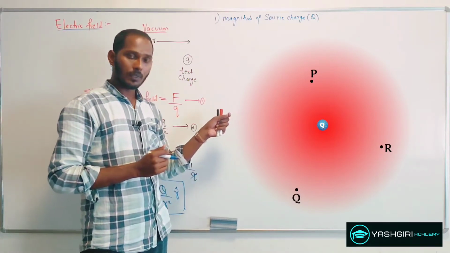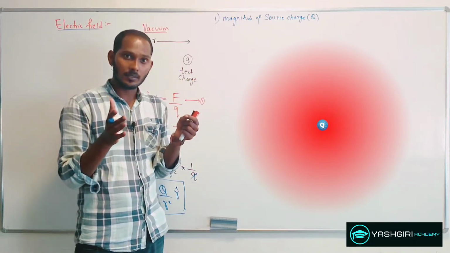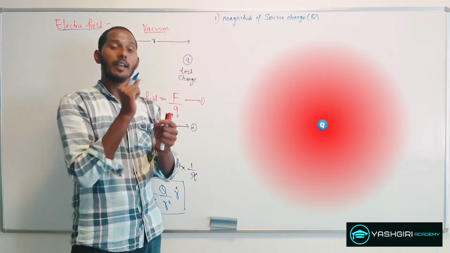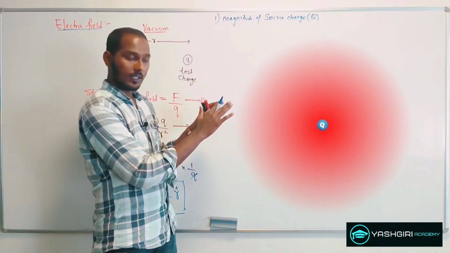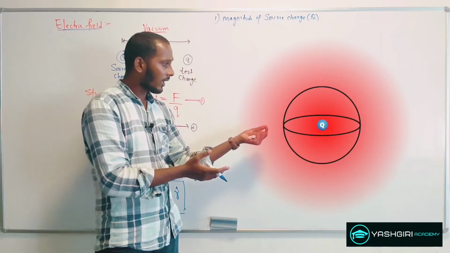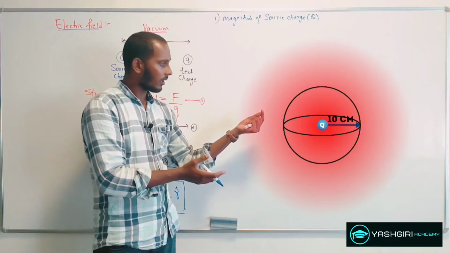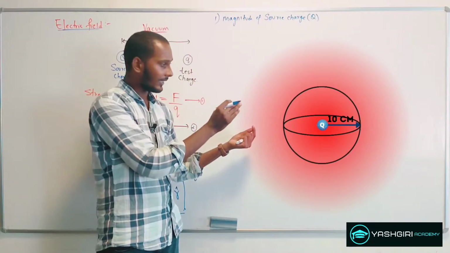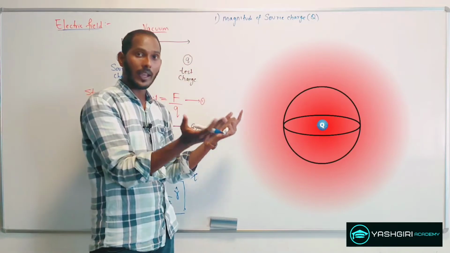Now suppose you measure the electric field at an equal distance, say 5 centimeters or 10 centimeters, fixed in all the directions. For example, you can imagine a hollow sphere whose center is exactly at the source charge, and the radius of this hollow sphere is say 10 centimeters, and you are interested in measuring the electric field at a distance of 10 centimeters from the source charge in all the directions.